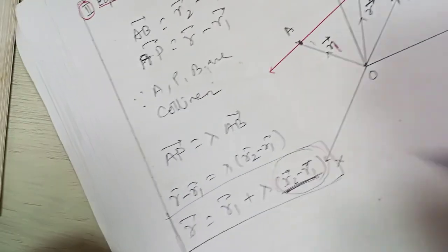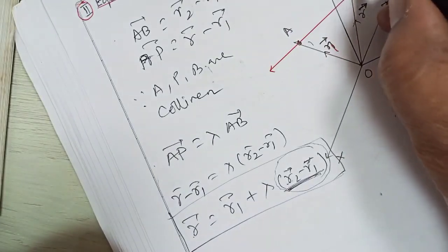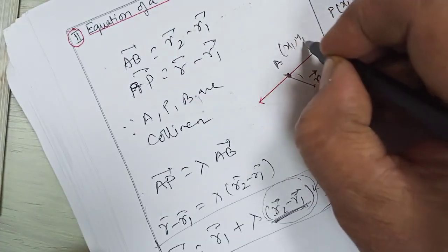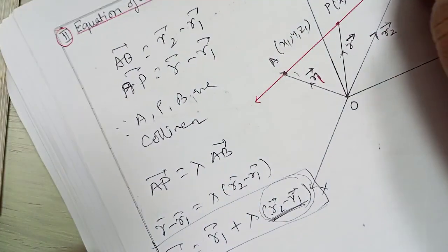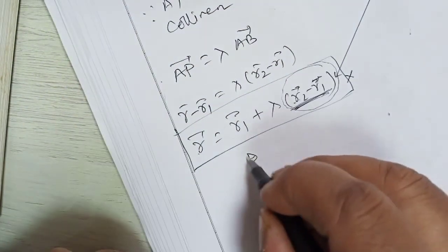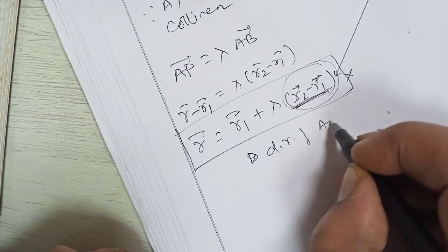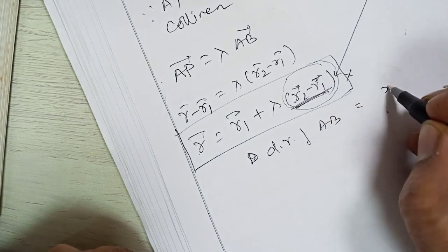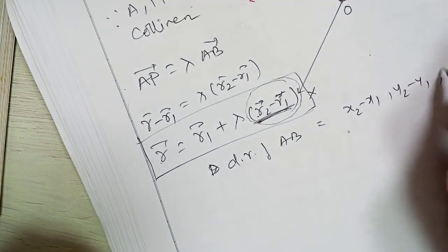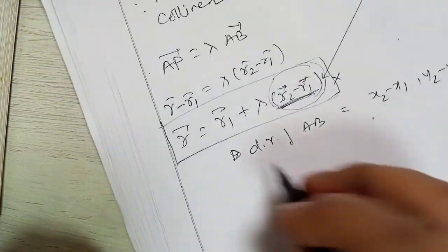Now Cartesian form once again. Let the general point be x, y, z, and the given points x1, y1, z1 and x2, y2, z2. Then DR of AB will be x2 minus x1, y2 minus y1, z2 minus z1.